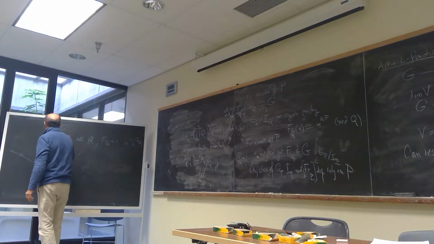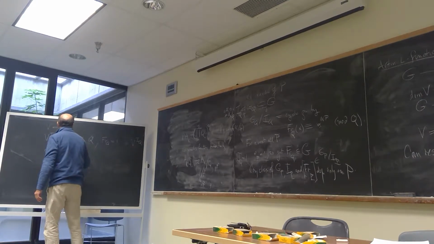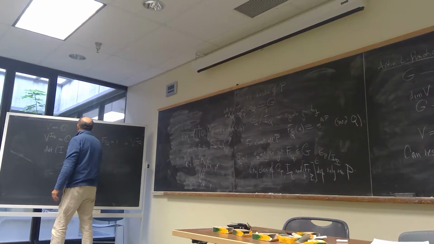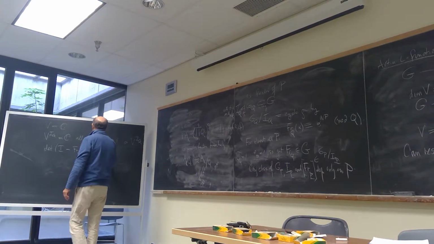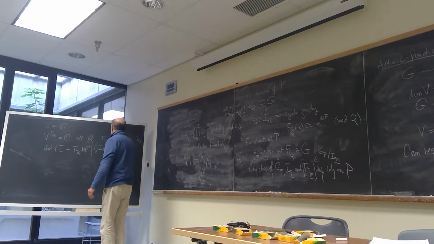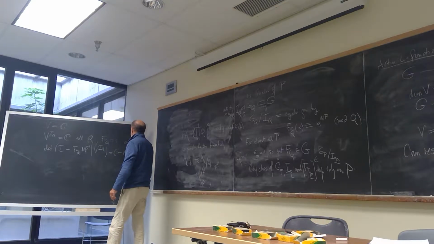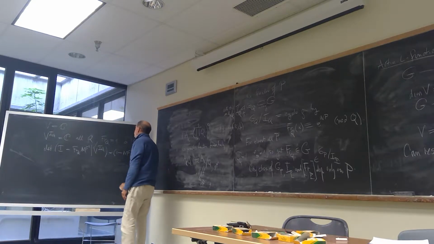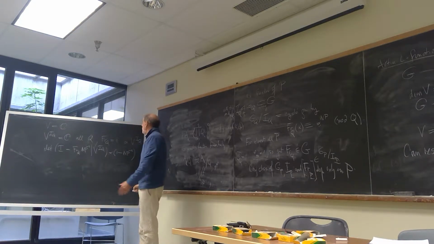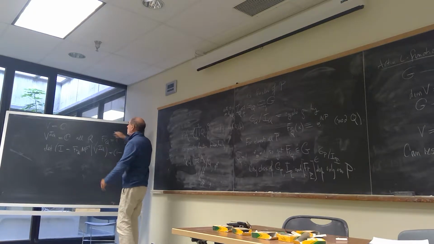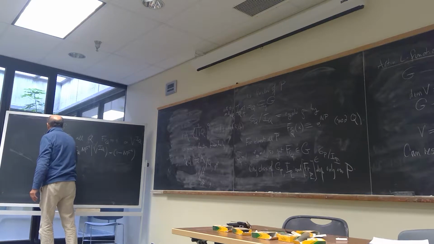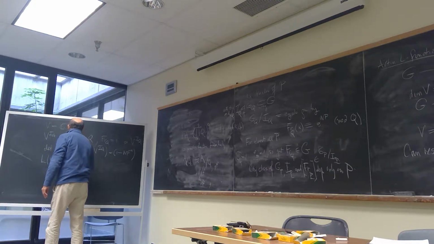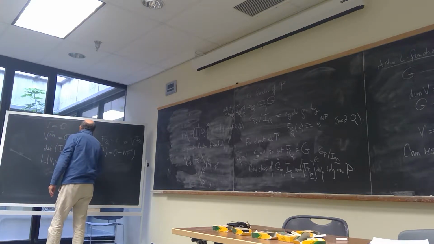So the determinant of I minus Frobenius_Q times the norm of P to the minus S on V^{I_Q}, in this case, just turns out to be 1 minus the norm of P to the minus S. That's it. It's a linear polynomial. It always has degree 1 because the invariants are the same for all primes P. And so what do we get for L(V, s)? We get the zeta function of K at S.